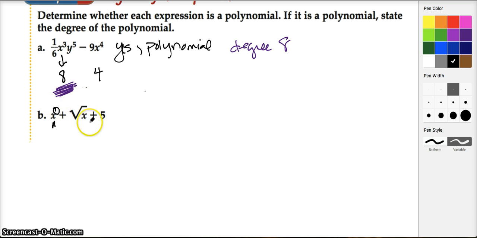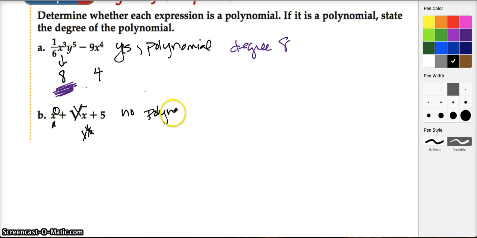And so this exponent is 1. The exponent here, which we're going to learn, is actually 1/2. So we can't have a monomial with radicals or fractional exponents. So since that is not a monomial, this thing is not a polynomial. Weird, right? So no, not a polynomial.